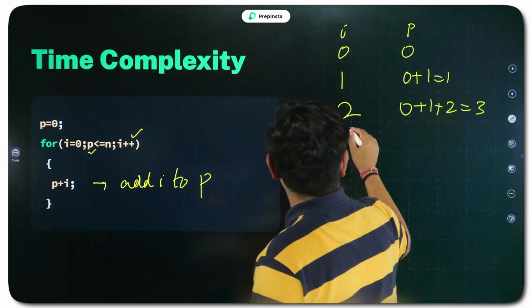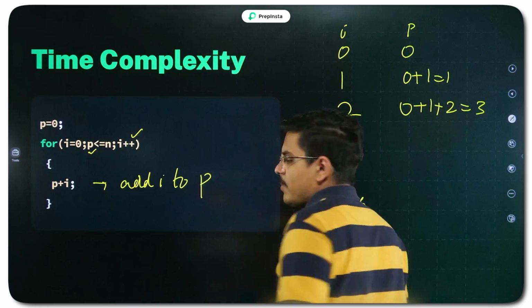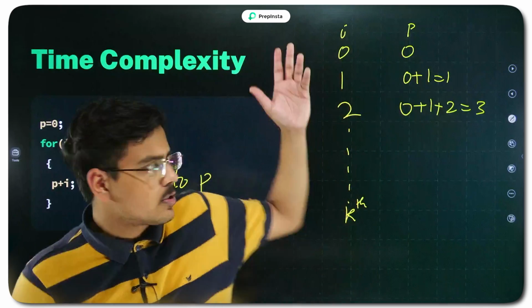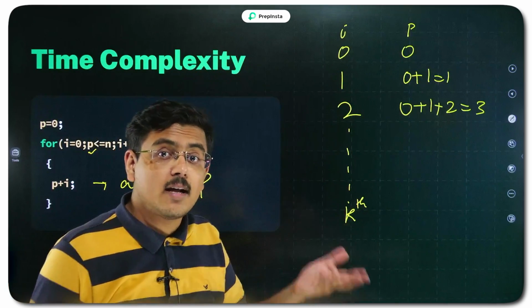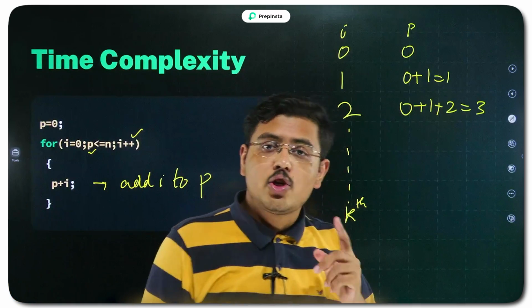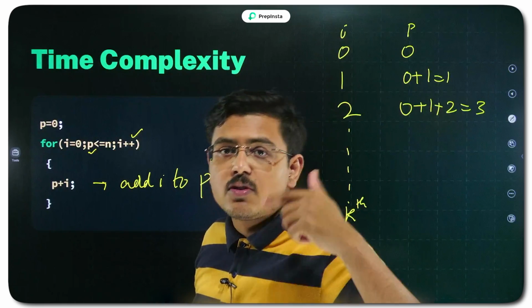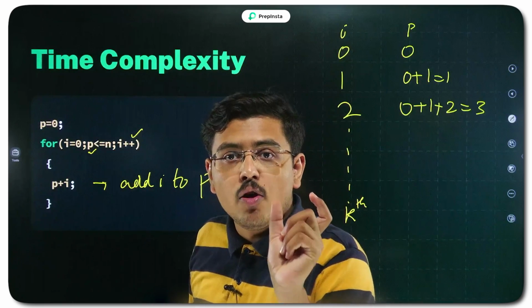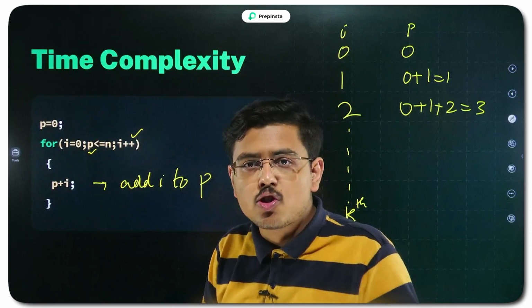So basically when you go on and you reach till kth step, let's imagine for k steps this loop ran, because we don't know the exact number, because here I is not varying with n. Here the variation depends on p, the times this loop will run depends on the value of p. As soon as p exceeds the value of n, it will immediately stop working.